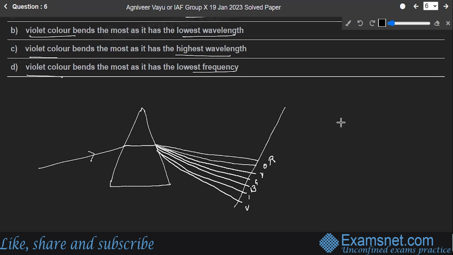Now the dispersion of light occurs because the colors of the white light travel at different speeds through the glass prism. This was discovered by Sir Isaac Newton. He also discovered that light is made up of 7 colors.